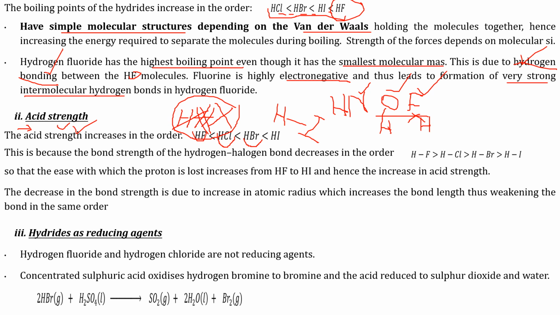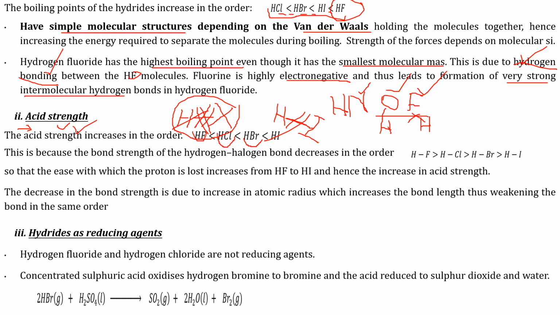Once it has the highest atomic radius, that means that the bond length between the iodine atom and hydrogen is going to be long. Like we said earlier, the longer the bond, the weaker it is. So this bond is going to require less energy to be broken. So the bond strength between hydrogen and iodine atom is very low.